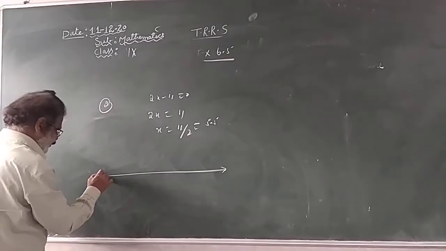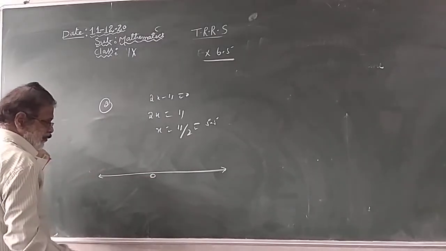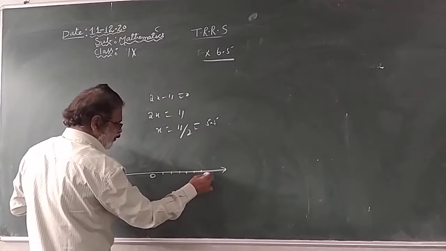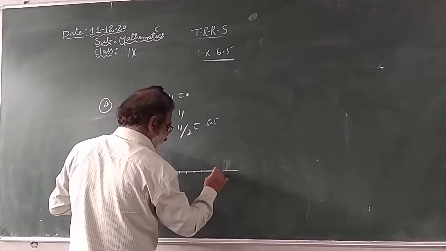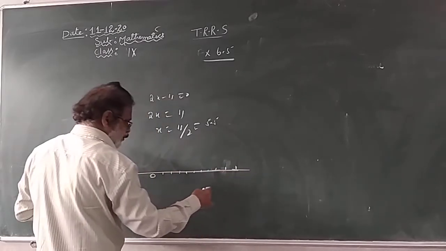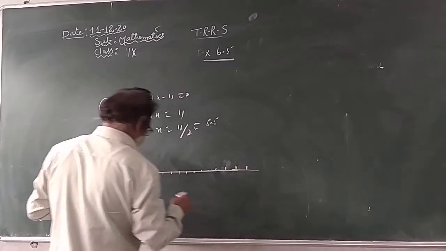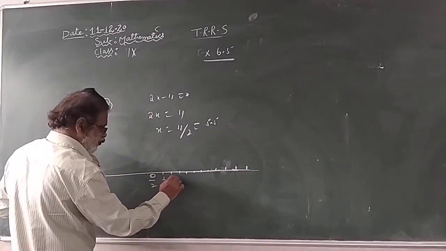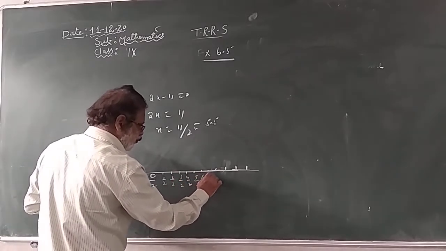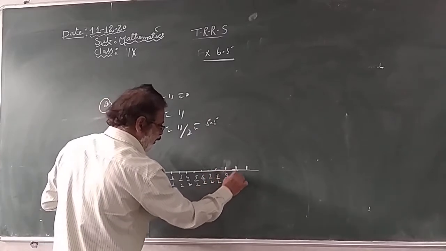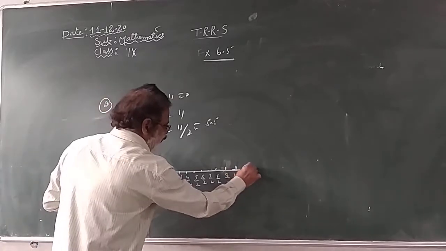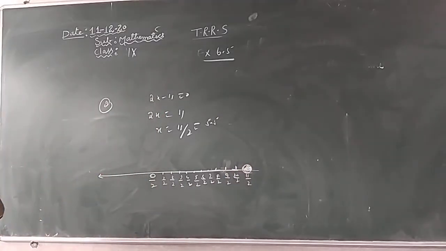This is the number line: 0 by 2, 1 by 2, 2 by 2, up to 10 by 2, 11 by 2. Here, mark it. 11 by 2 means 5.5, like this on the number line.